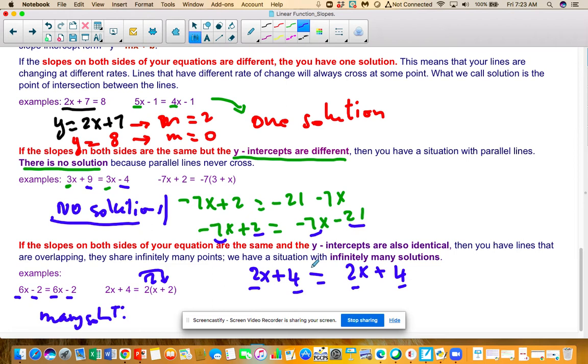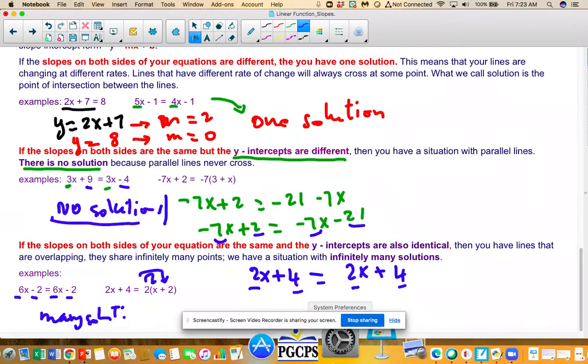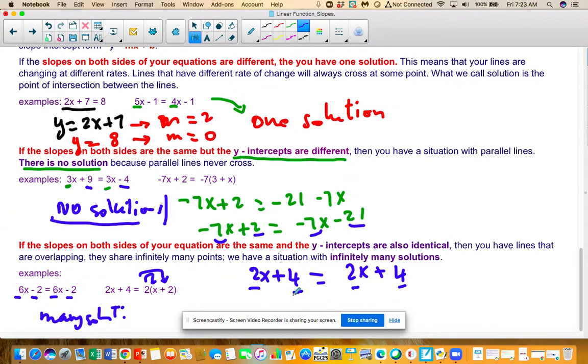Now, you may use a graphing tool just for you to see those types of situations, right?